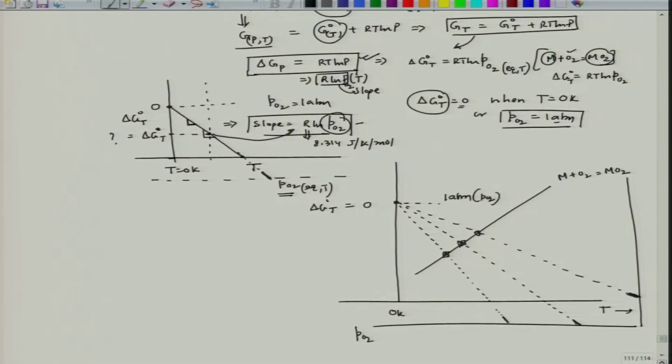So, now you will see in an Ellingham diagram that in the PO2 part there are some lines having an appearance like this. And if we extend these, every time they go and connect the 0 point.